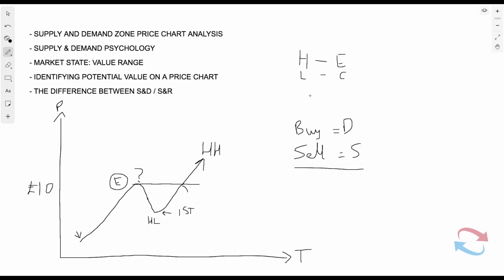In an uptrend, higher lows would be considered a potentially cheap area, right? Or the first location we would look to buy when understanding value.